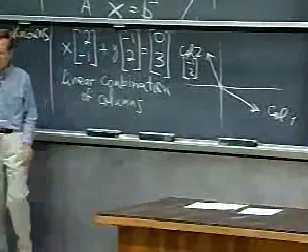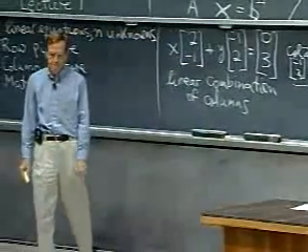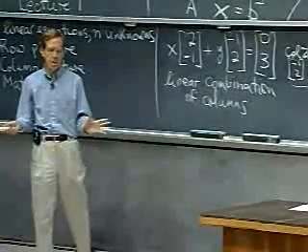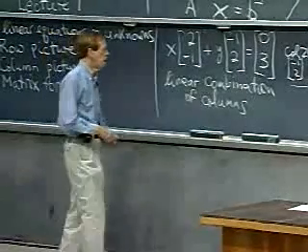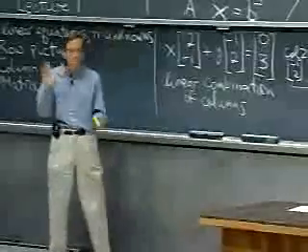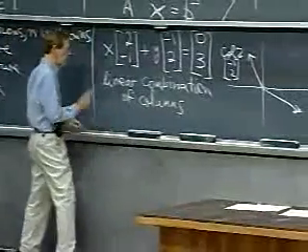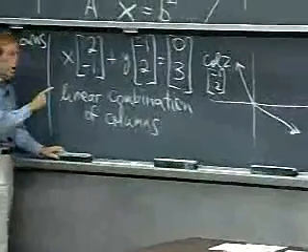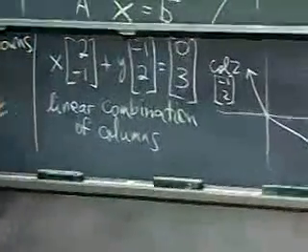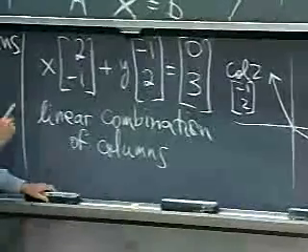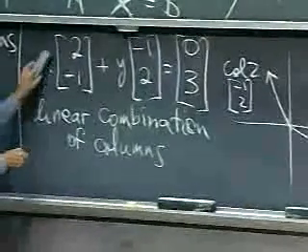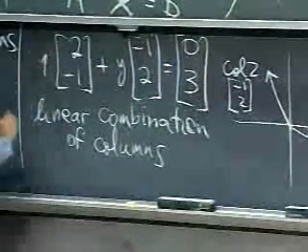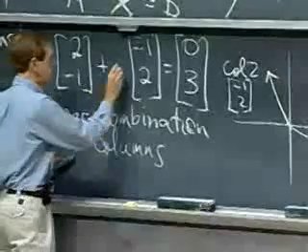Now I have to take a combination. What combination shall I take? Why not the right combination? What the hell? Okay. So the combination I'm going to take is the right one to produce 0, 3, and then we'll see it happen in the picture. So the right combination is to take x as one of those and 2 of these.